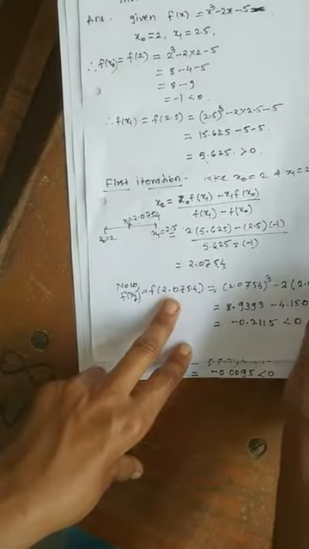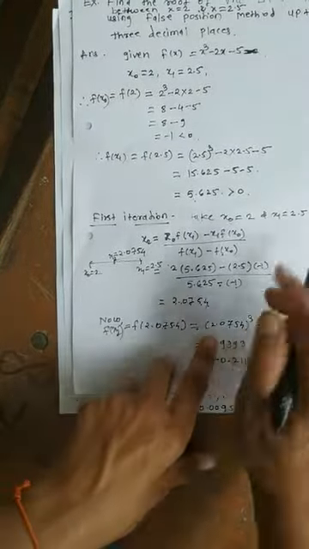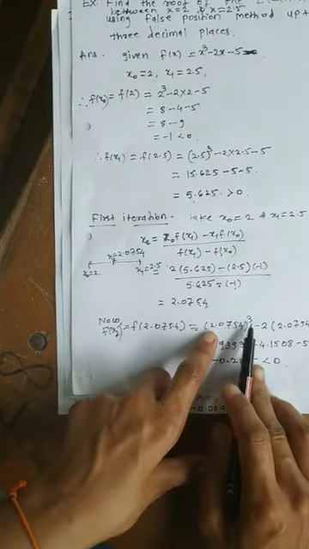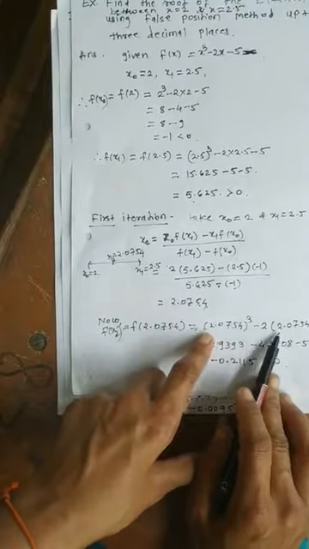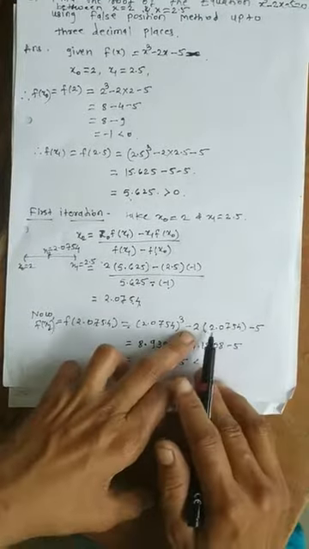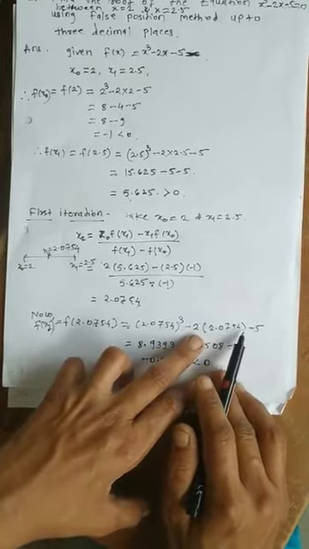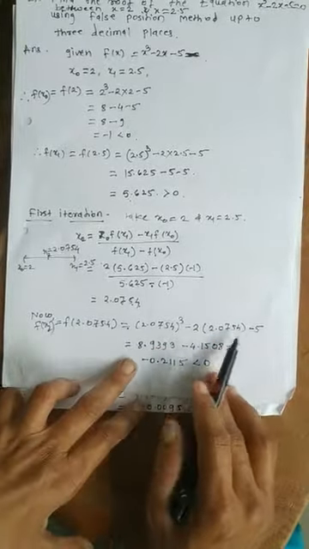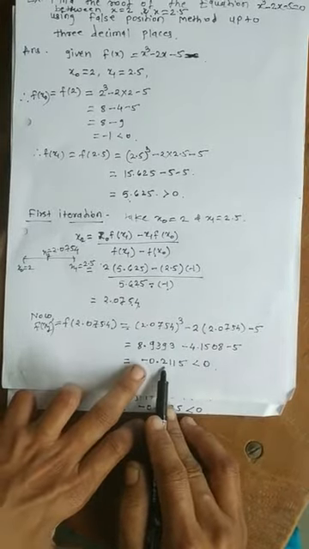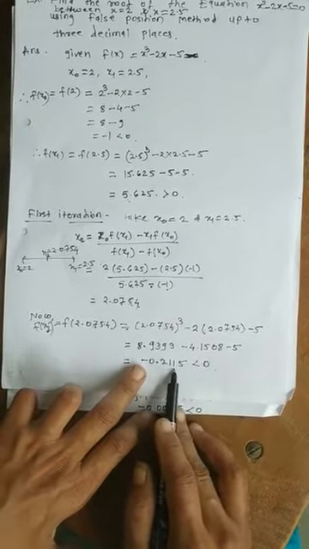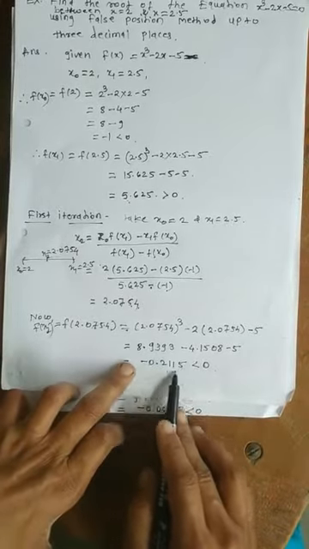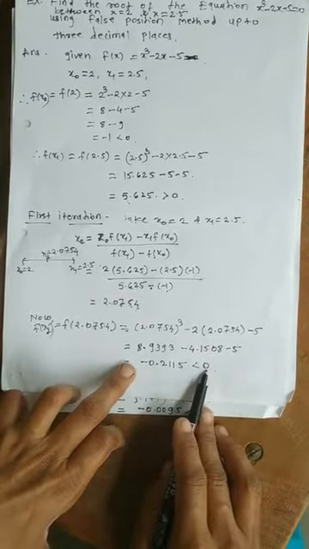So put the value, we get 2.0754 cube minus 2 into 2.0754 minus 5. Calculate this value, we get minus 0.2115, and minus 0.2115 is less than 0.